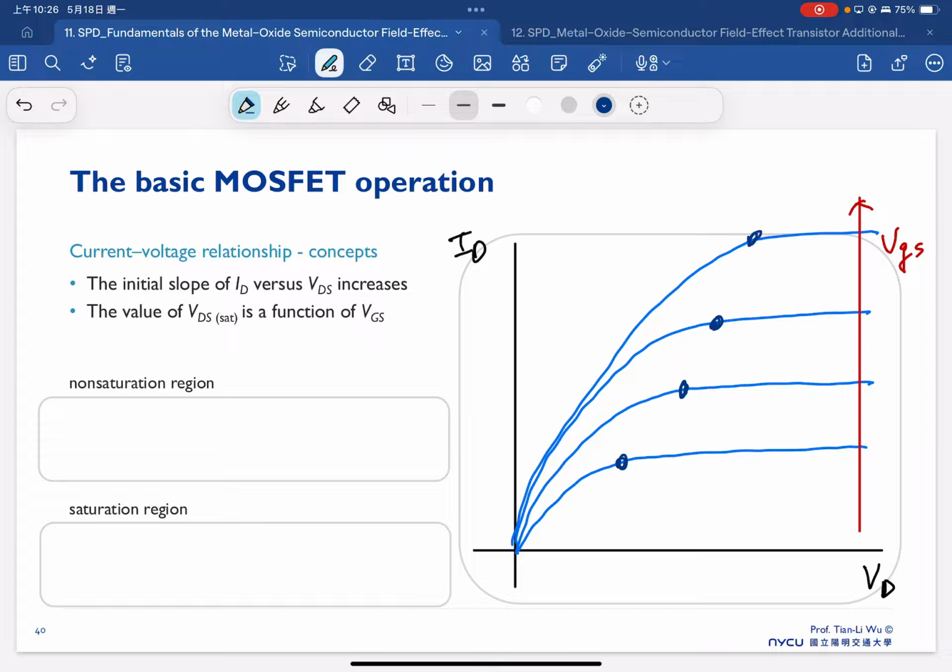Because VDS set is equal to VGS minus VT, a different VGS will lead to a different VDS set.